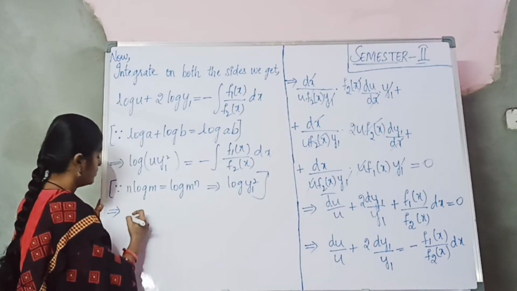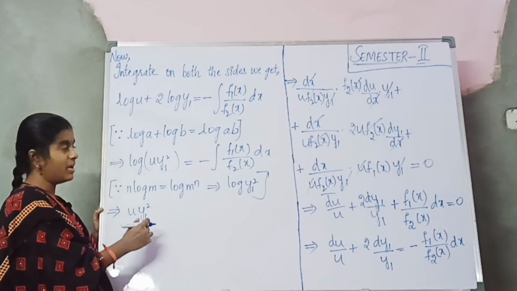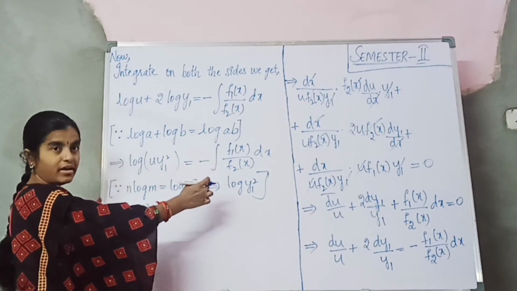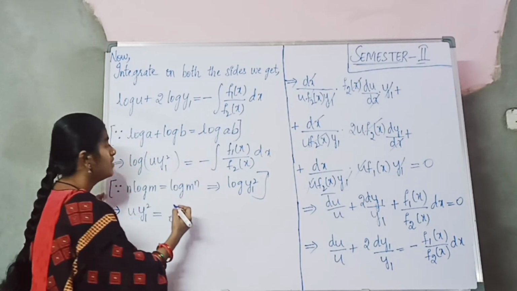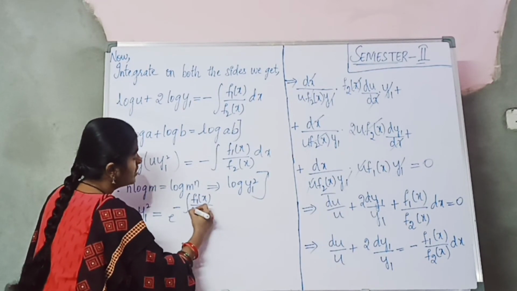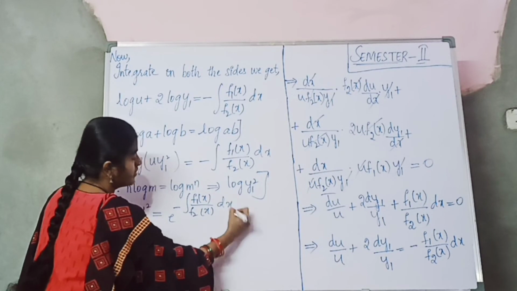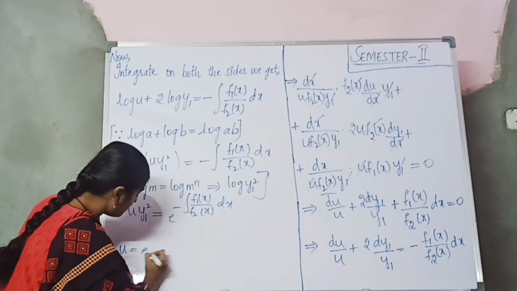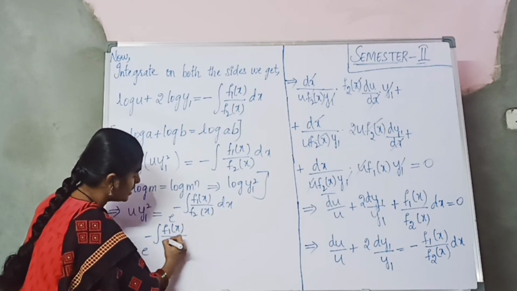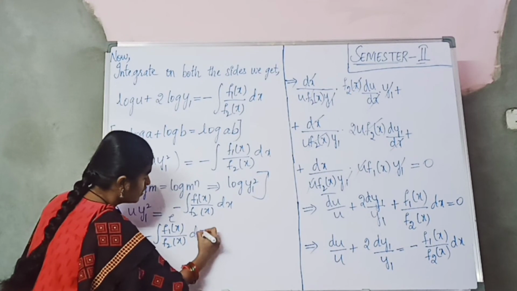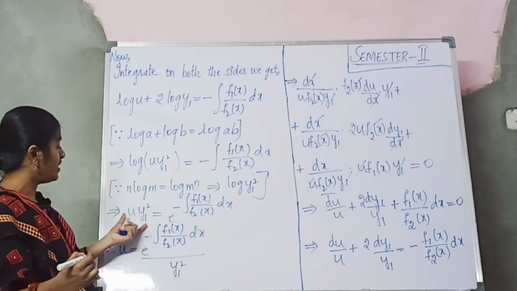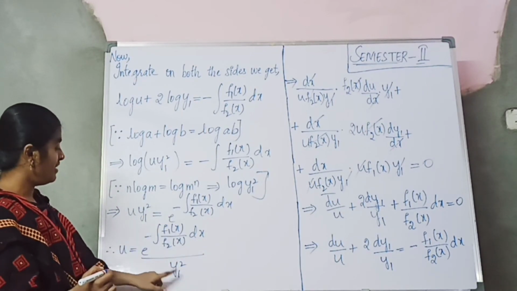That implies u y1 square equals e power minus integral of f1(x) by f2(x) dx. Therefore u equals e power minus integral of f1(x) by f2(x) dx, divided by y1 square.